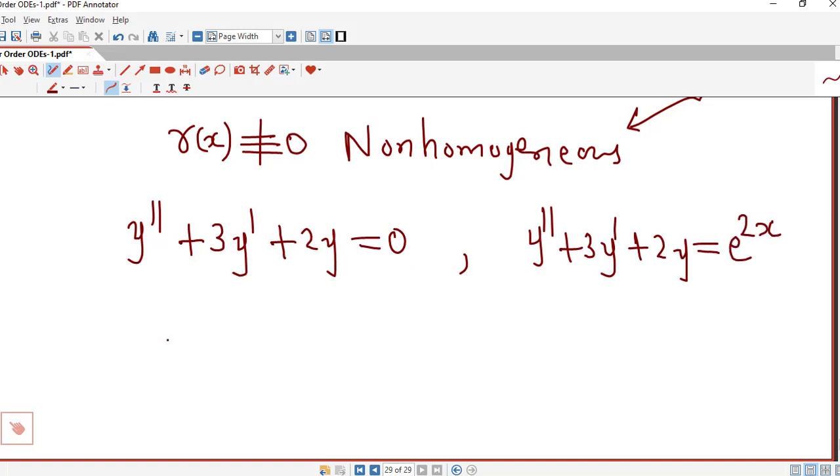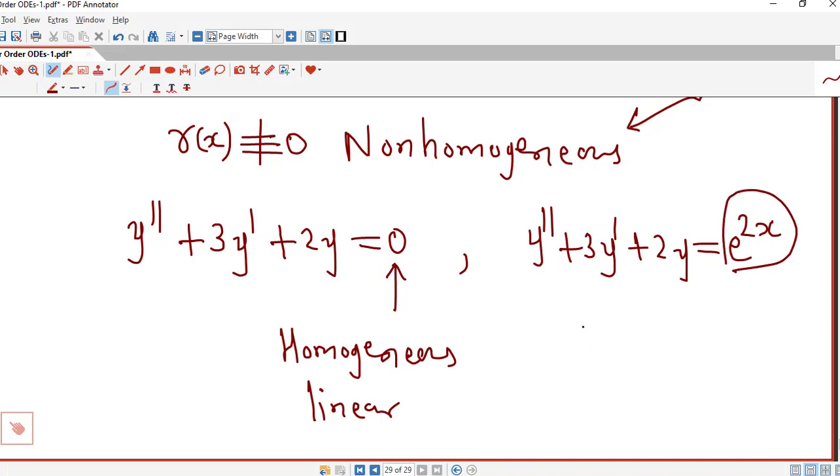So both are linear differential equations, but here the right hand side is 0, so this is a homogeneous linear ordinary differential equation, and here the right hand side is non-zero, so this is a non-homogeneous linear ordinary differential equation.